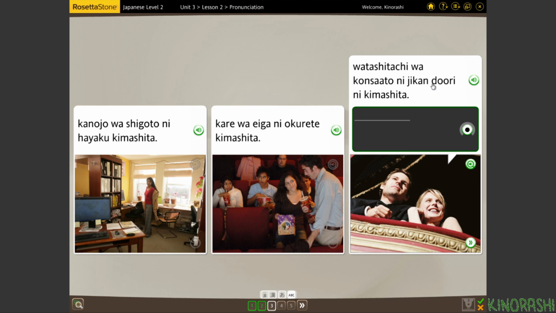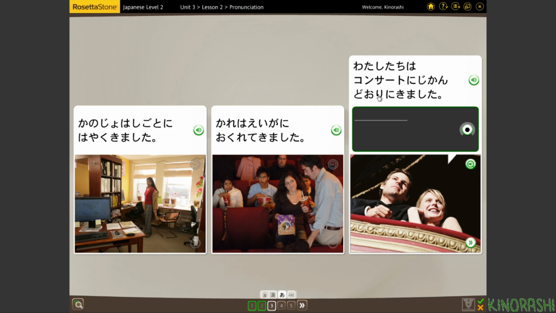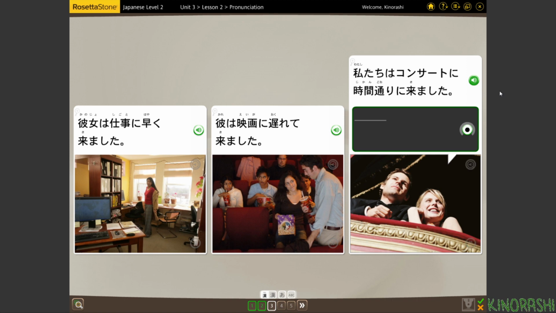So the exact hour, aka on time, is the context this has. So jikan dori, exact hours on time, okay. So they came on time. They came to the concert on time.